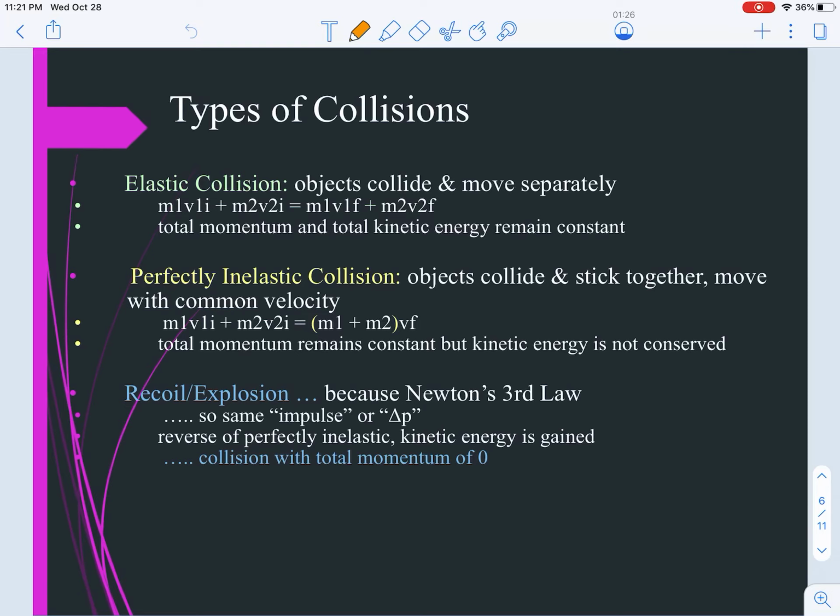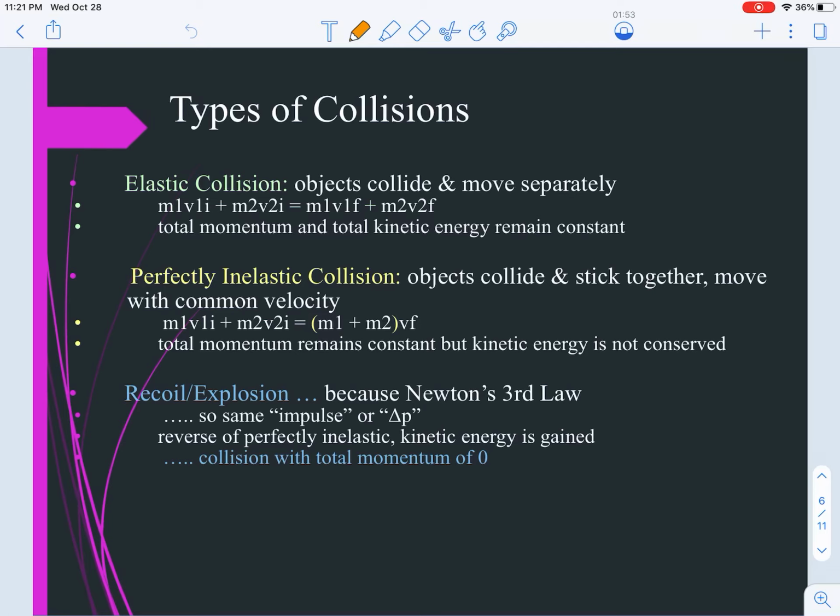We always have conservation of momentum, but we would not have conservation of energy. So our kinetic energy value would change. If we think very basically, there was some sort of deformation, there was some sort of energy needed in order to mesh or join those two objects together. Without getting into too much deep thought, that's the gist of what we need to understand there.